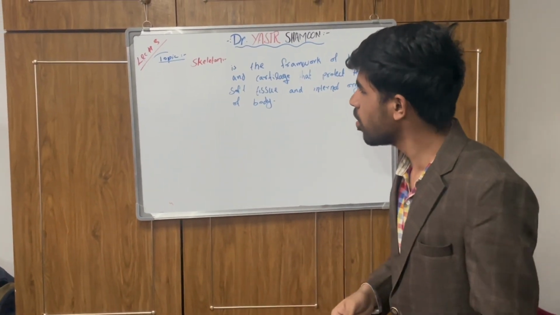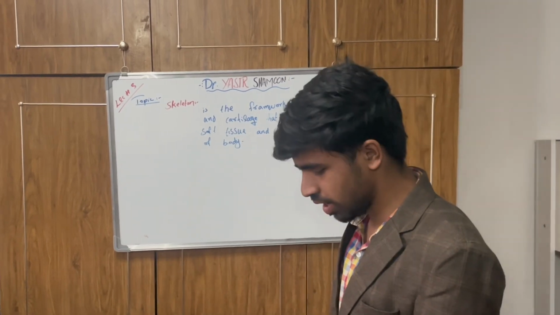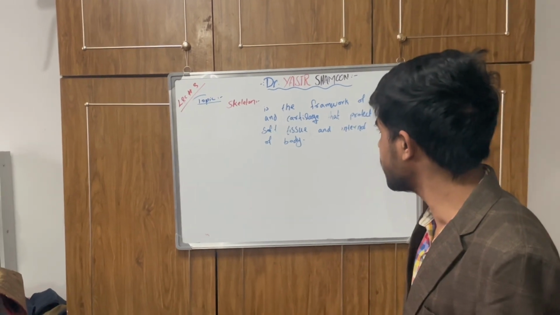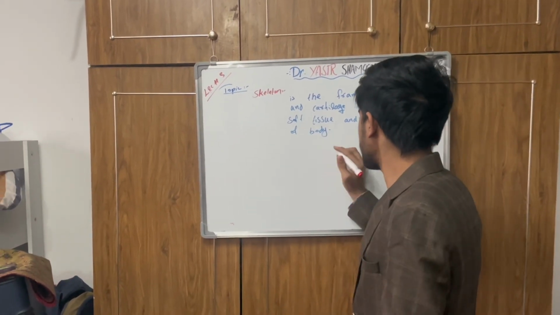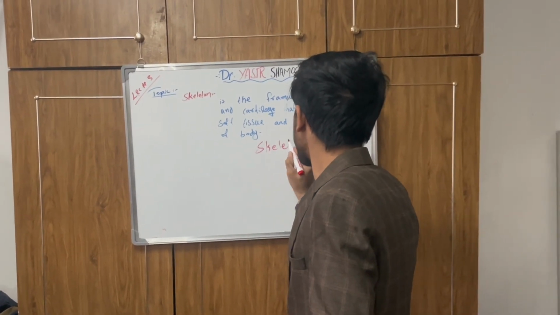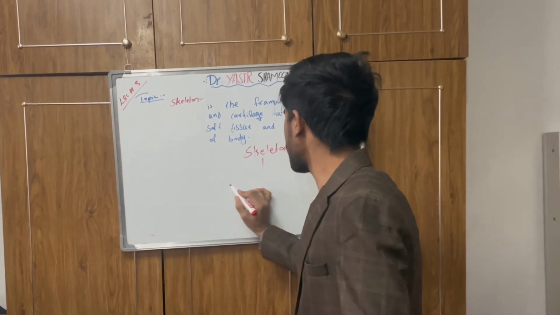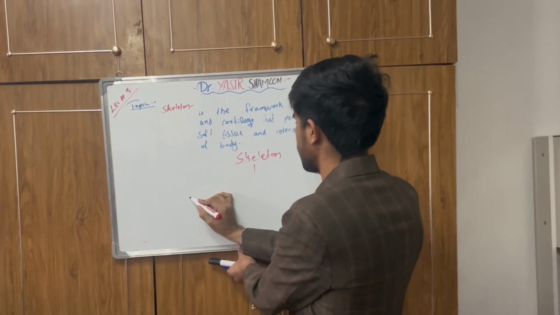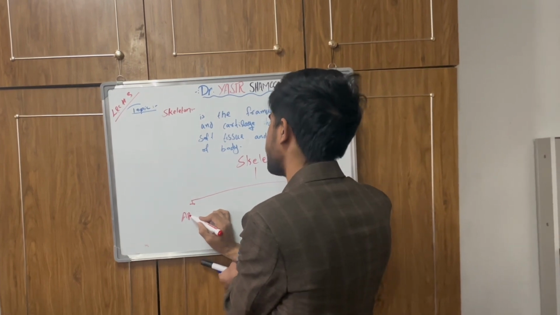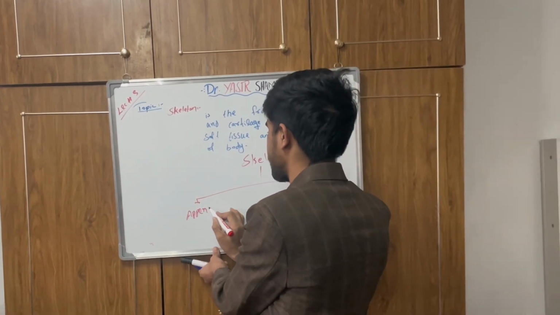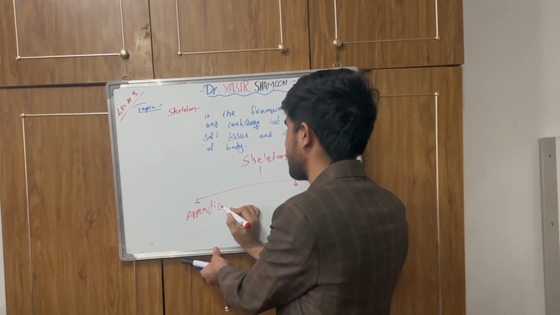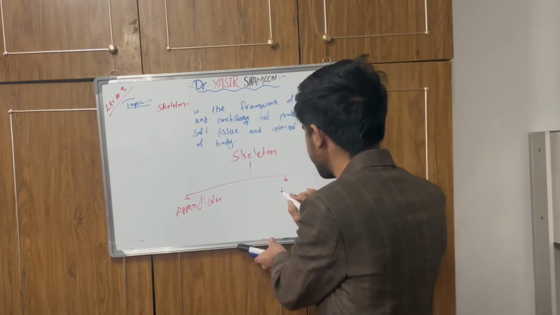Now let's discuss the types of skeleton. There are two types of skeleton: appendicular and axial.